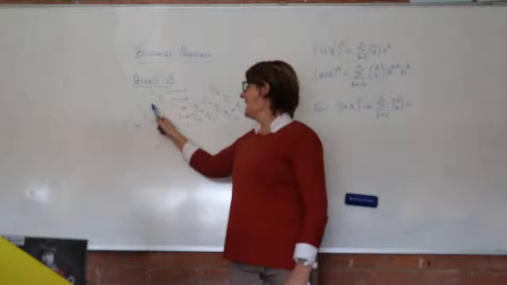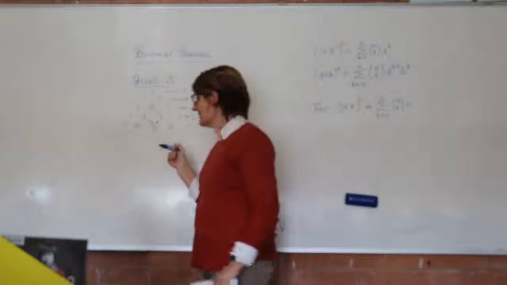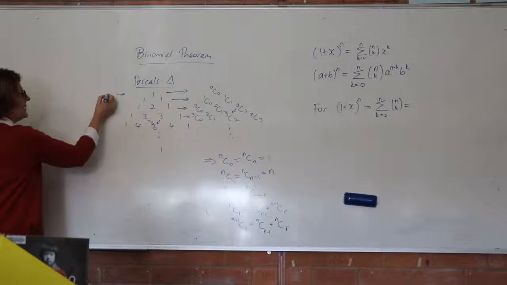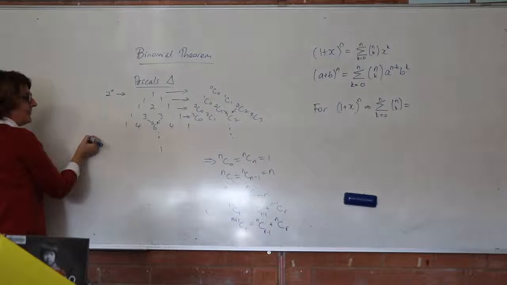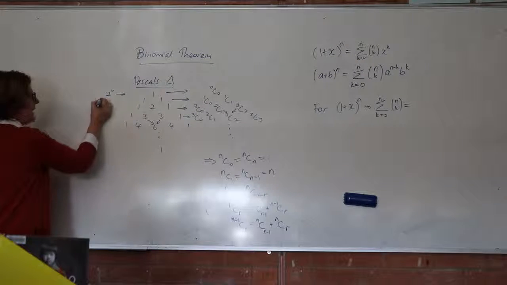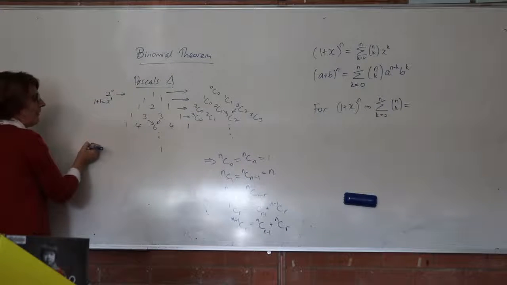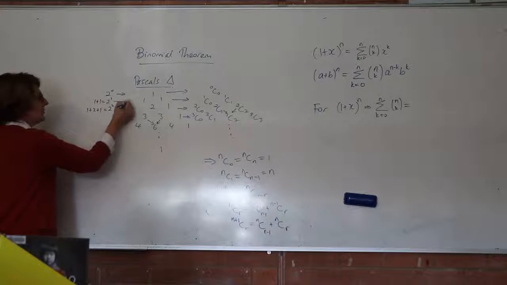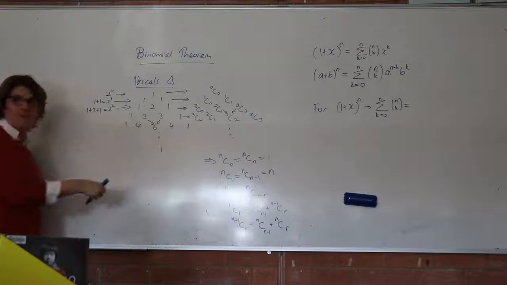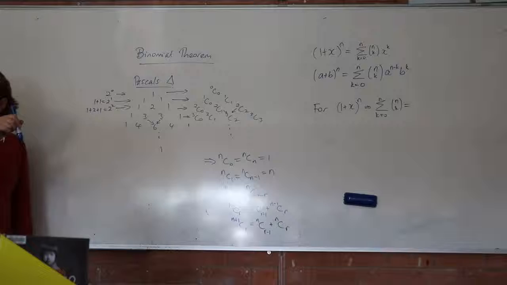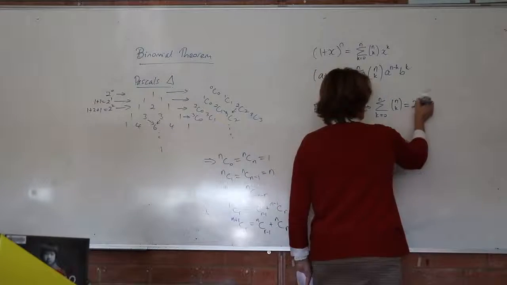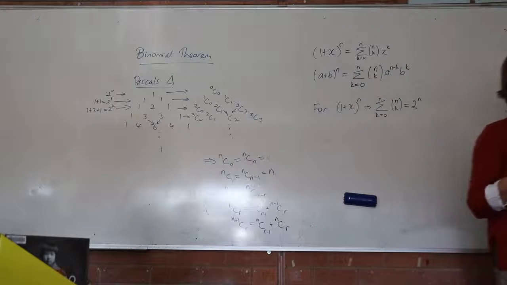Adding up all the coefficients, over here that was equal to 2 to the power of 0. That one was 1 plus 1, which is 2 to the power of 1. And that was 1 plus 2 plus 1, which is 4, and that's 2 to the power of 2. So remember, every row, the sum of the coefficients was equal to 2 to the power of n, for whatever row you're in.